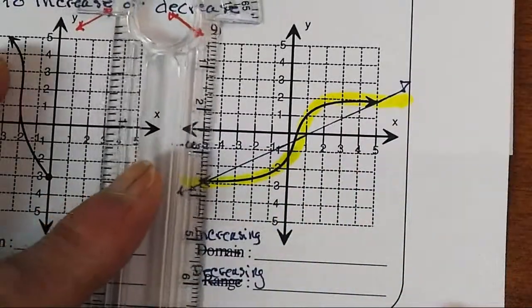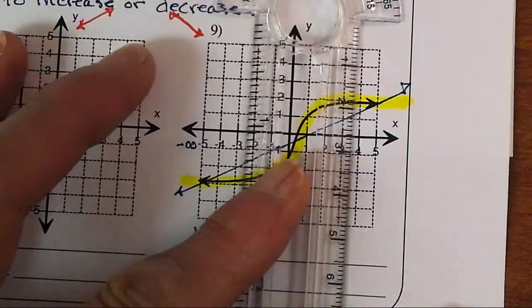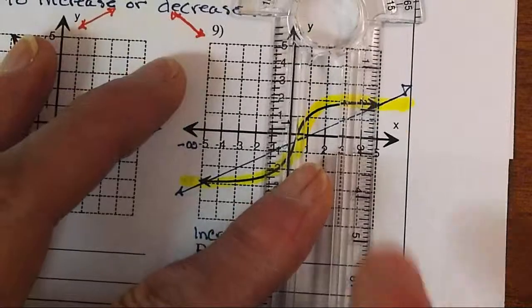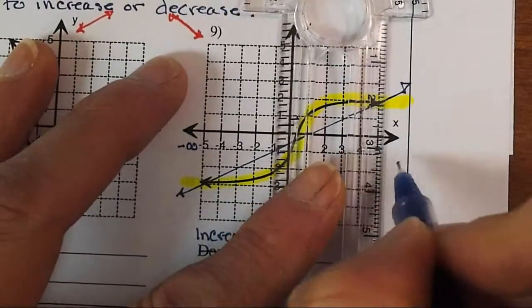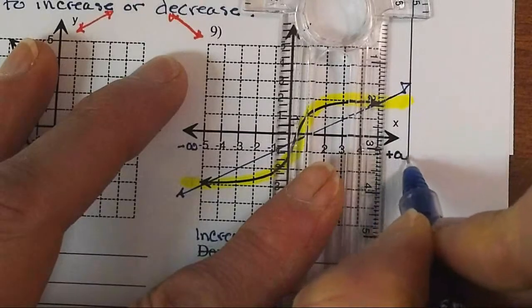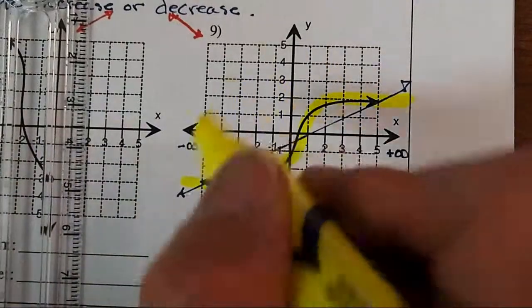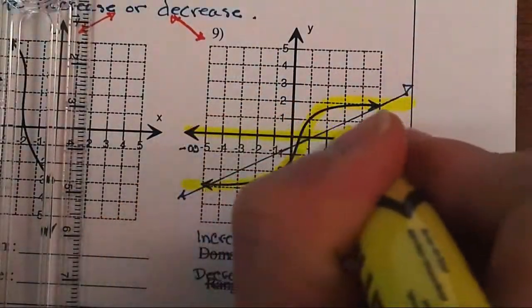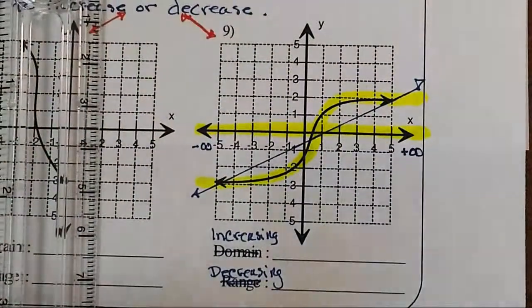And it keeps touching the function, keeps going up forever. As we go out this way, we get to positive infinity. So as we can see, it's our entire value of x. It's everything.